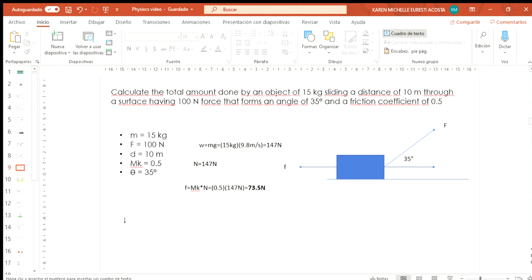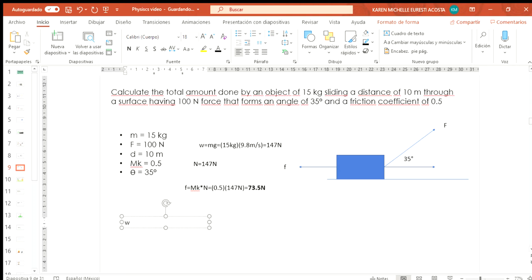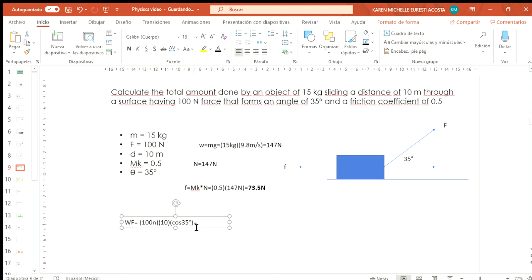So first we're going to get the work done by the force, that is 100 newtons times 10, because the formula of work is force times distance, and when we have an angle, it is multiplied by the cosine of the angle, that is 35 degrees. This gives us 819.15 joules.